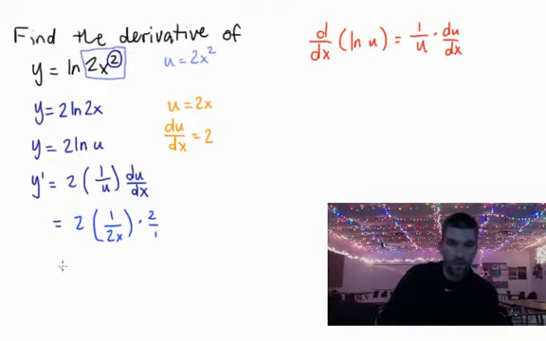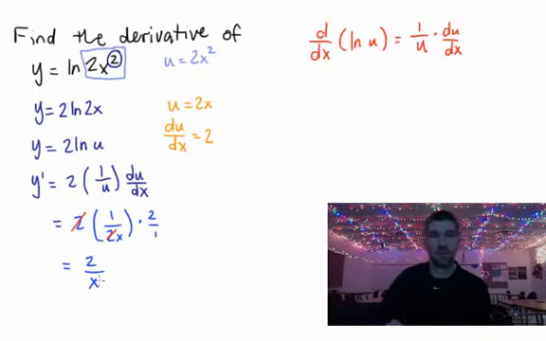Finish that out with your last step. The 2's can divide out, and I'm left with 2 over x, and that's your derivative. How easy is that, huh? Easy peasy lemon squeezy. Now if you work it out the other way, you should get the exact same thing.